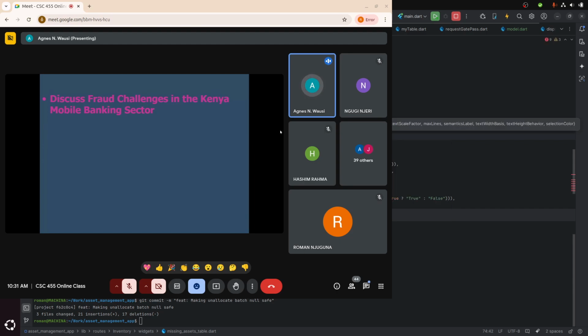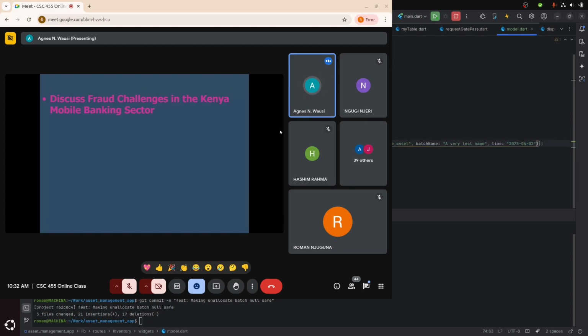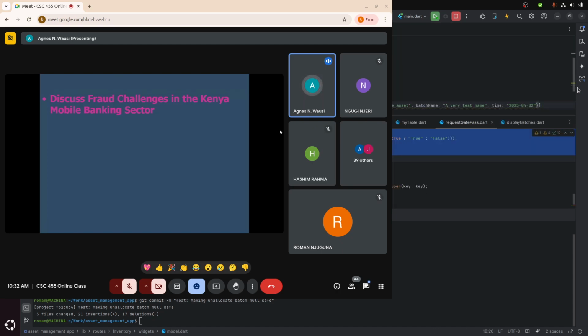Because you know the customer by the SIM, you're not able to know at that point whether it is the customer with their SIM or someone else.